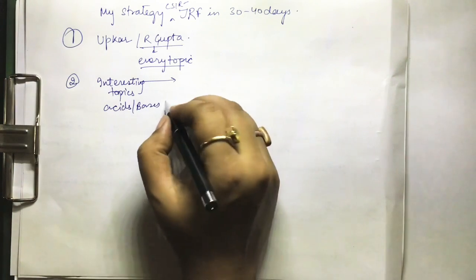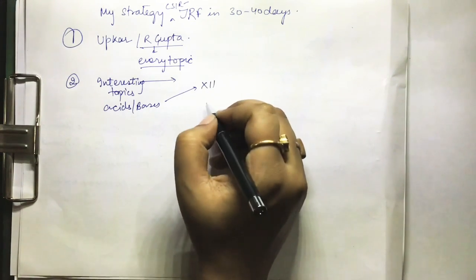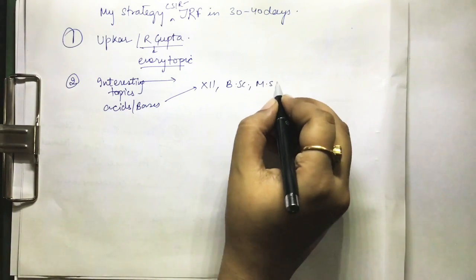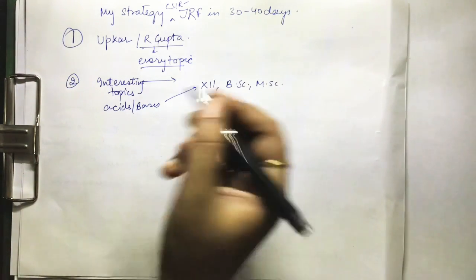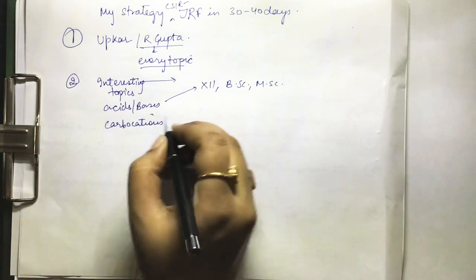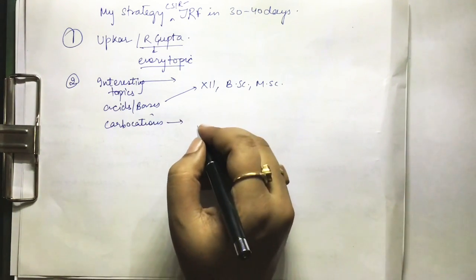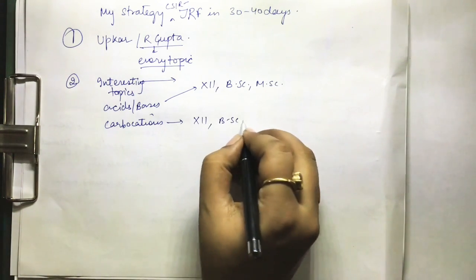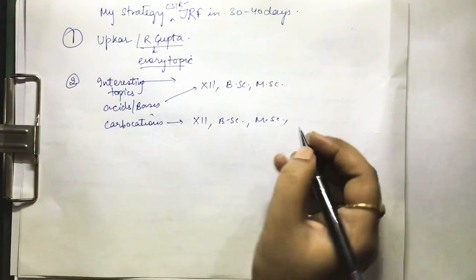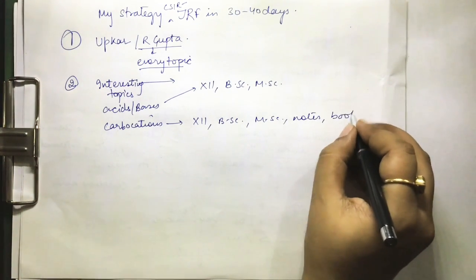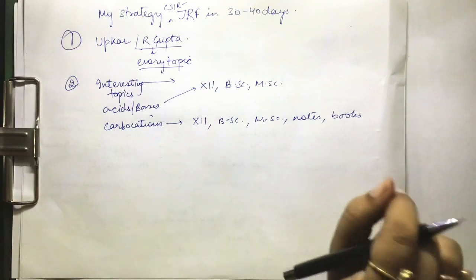For acids and bases, you first read the 12th book, then your BSc level books, then go for your MSc level books. Similarly, if you are studying carbocations, start from the very basic, your 12th always. Start with 12th, go for the BSc syllabus, then the MSc syllabus, then coaching notes, then books. Whatever books I have told you, go for all the books.